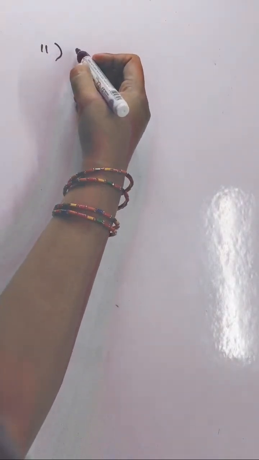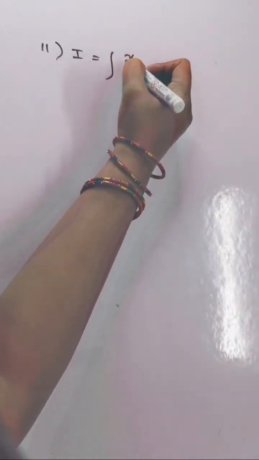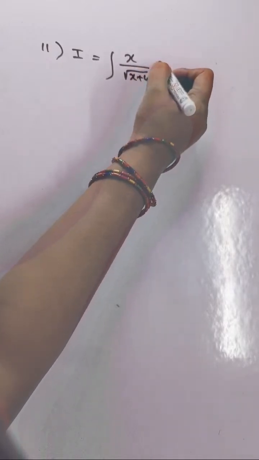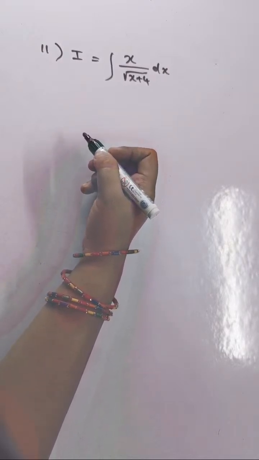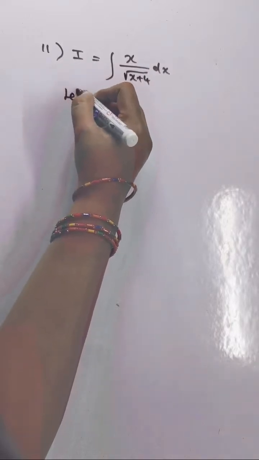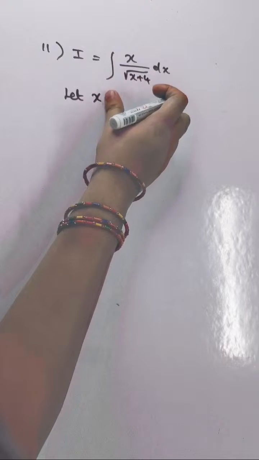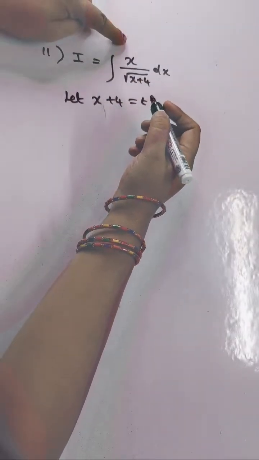Question number 11. I equals the integral of x by root of x plus 4 dx. Now take the denominator as t as usual. So let x plus 4 equal t. But in the numerator you have only the x part.